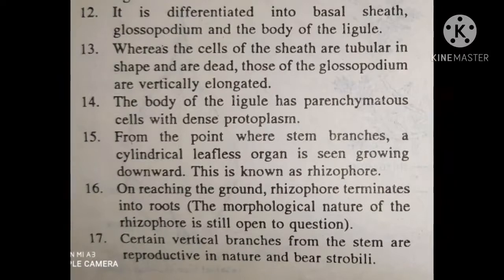Each leaf is sessile, generally obovate, with an acute apex, and a distinct midrib is present. At the base of each young leaf, towards the inner surface, there is a small tongue-like multicellular structure, and that is called a ligule.